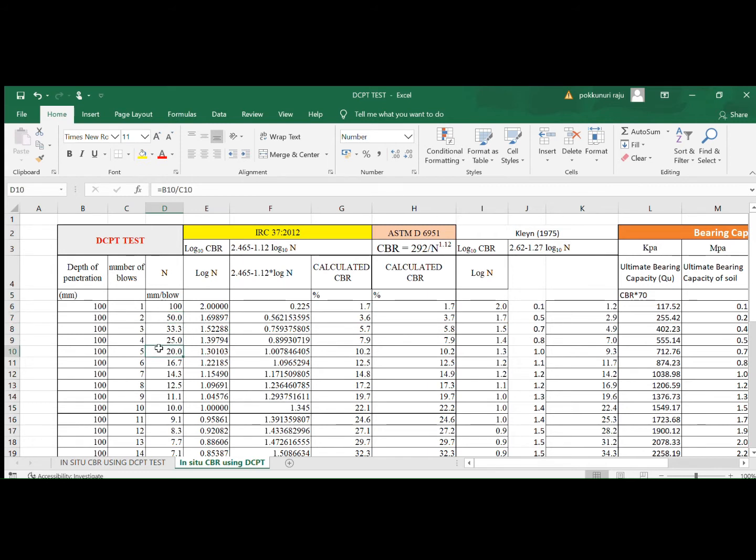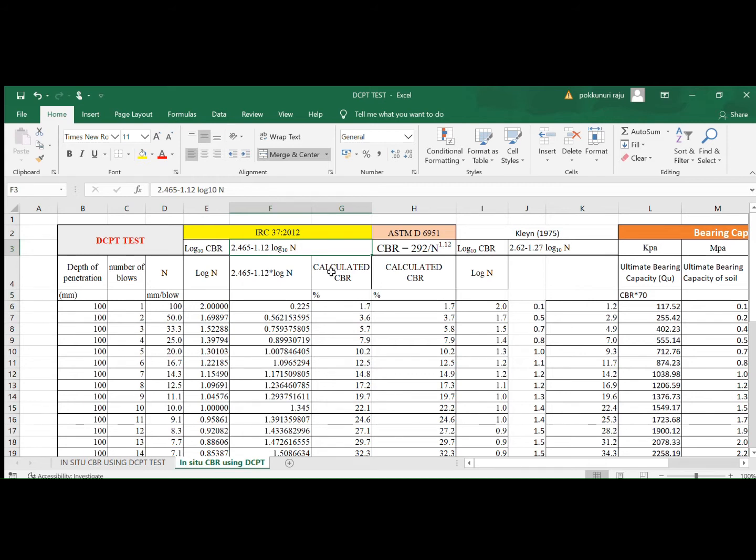Now what is done is, for a range of number of blows, the N value is calculated, and then corresponding to that N value, the log of N is calculated, because log of N is required in order to calculate the CBR using the IRC 37 equation, which is log of CBR base 10 equals 2.465 minus 1.12 log of N base 10.